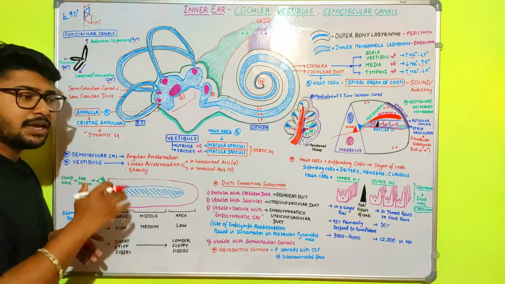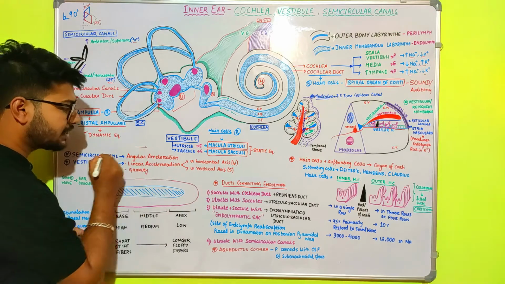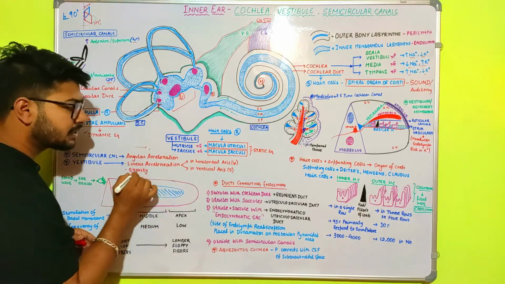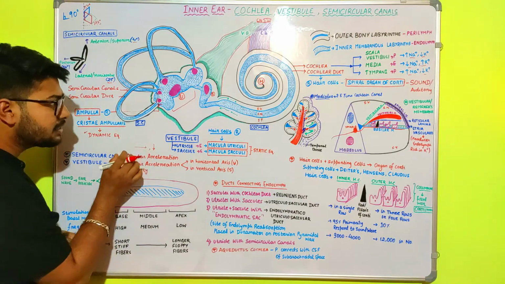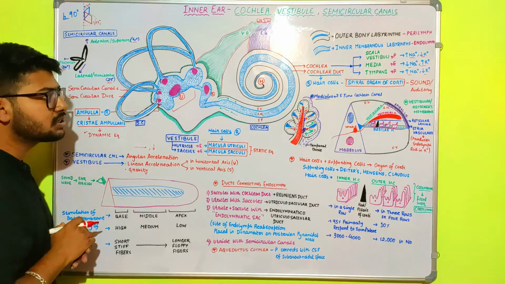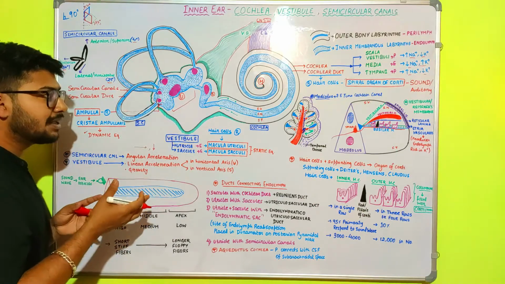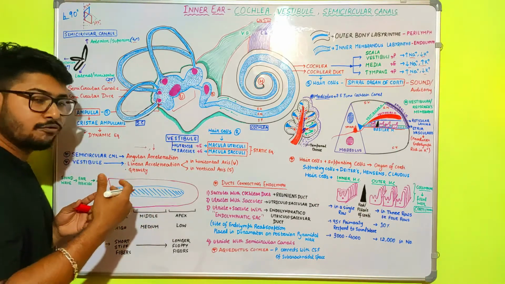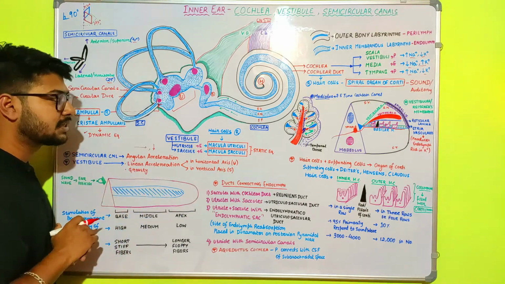Linear acceleration can be in a horizontal axis, and it can be in a vertical axis. The anatomical structures present in the vestibule represent their way of managing linear acceleration.